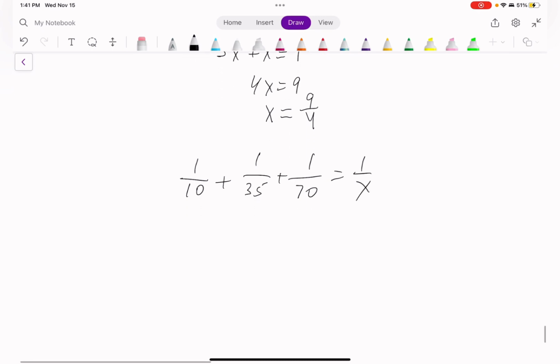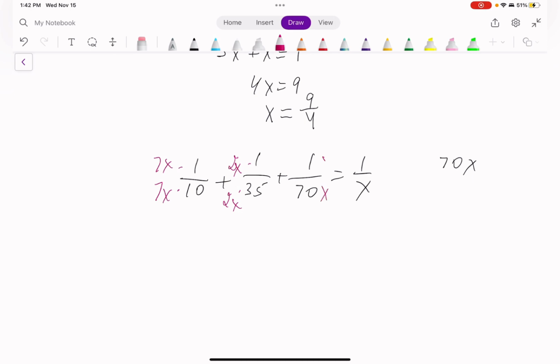The common denominator is going to be 70x, right? Because 70 you can divide by 10, you can divide by 35, you can divide by 70. So this is going to be 7x, 2x.